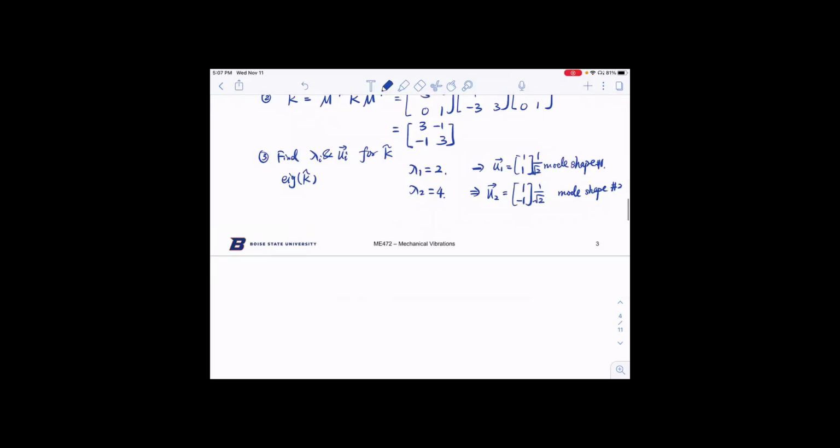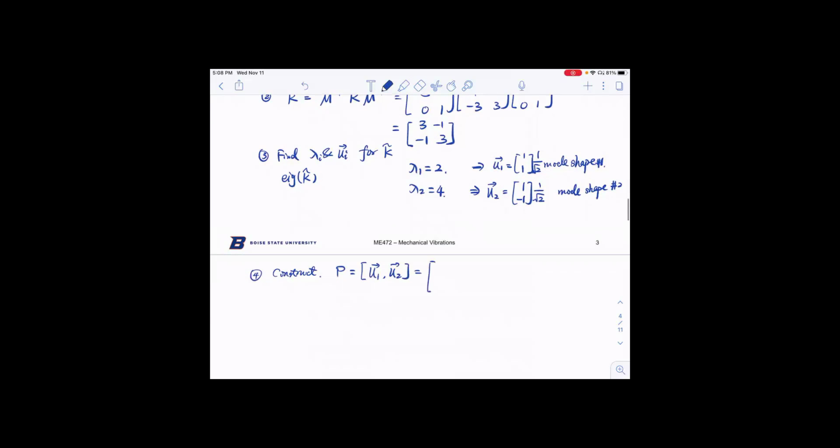So after that, you construct a P matrix. Your P matrix, you just collect all your eigenvectors in columns. And then you would have 1 over square root of 2, 1 over square root of 2.